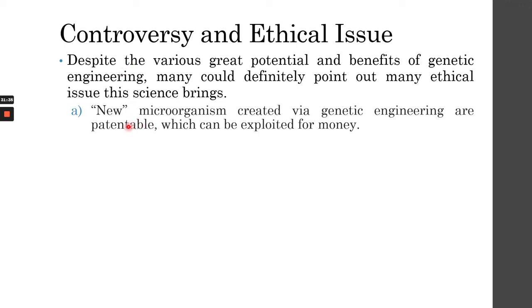One of the things is that if we are able to create new microorganisms, these microorganisms are patentable. When we say patent, it means the person who created these new organisms has sole ownership of that microorganism. And if these new microorganisms happen to be very useful in our lives, they can exploit it for money. So that's one of the ethical issues.